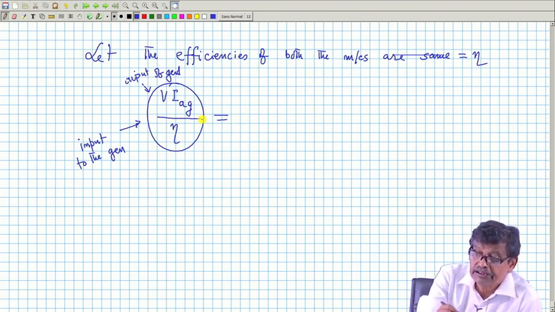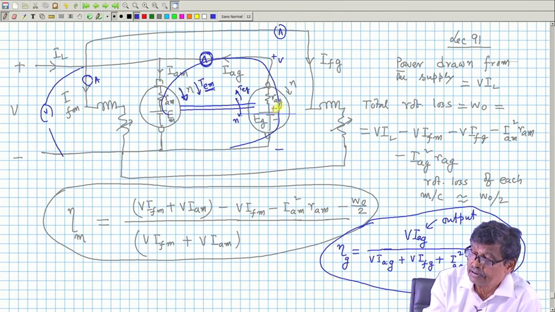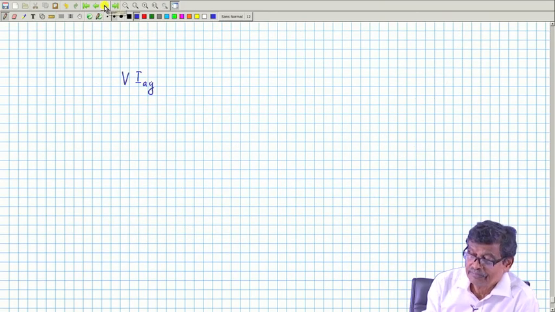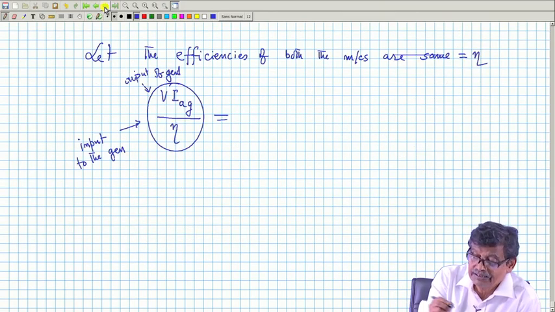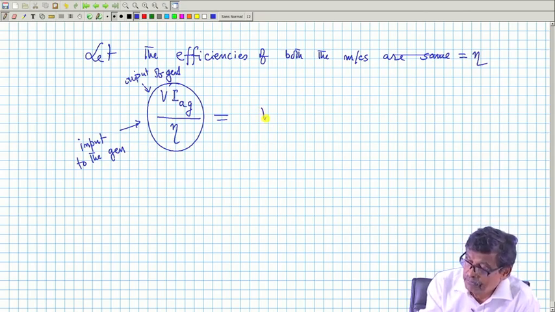Now, input to the generator is coming from where? Input to the generator is coming from the output of the motor. So, what is the output of the motor? I want to calculate. What is the input to the motor?